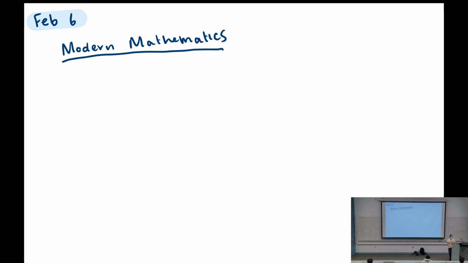So I'll just say, in general, let's go even further out: modern mathematics. Obviously there's a lot of things that fall under this umbrella, but the two biggest areas of study are algebra and analysis.